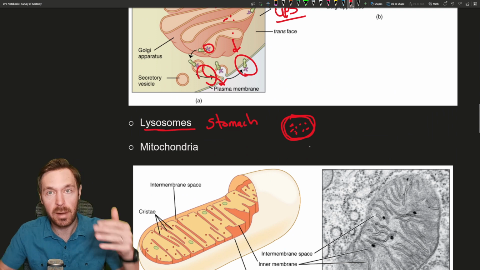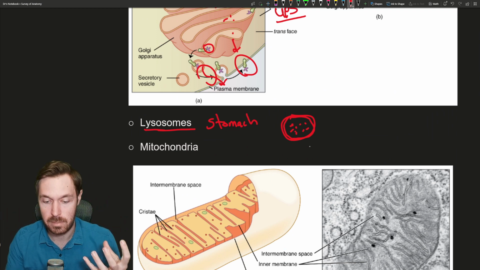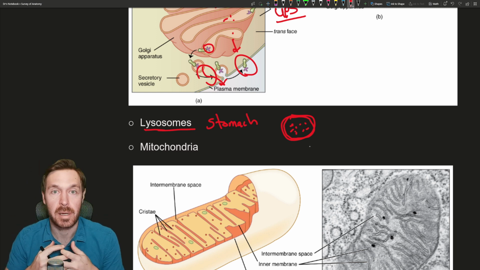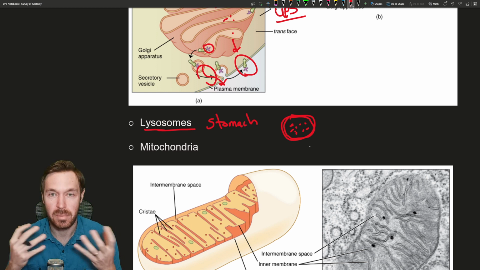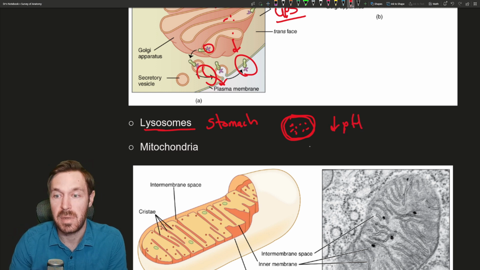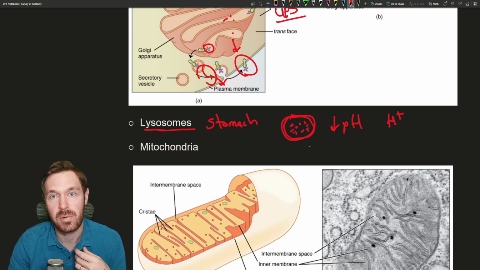So when you engulf something via phagocytosis, that we talked about in the last video, those phagosomes usually fuse with a lysosome and become a phagolysosome. And why is that? Well, there's a low pH in these, meaning it's very acidic and there's a lot of hydrogen ions. The enzymes in there are kind of like the enzymes in your stomach, where they work in that low acidic pH.